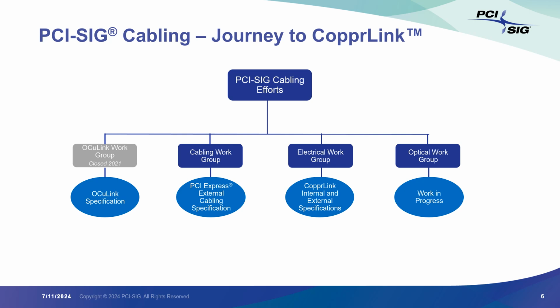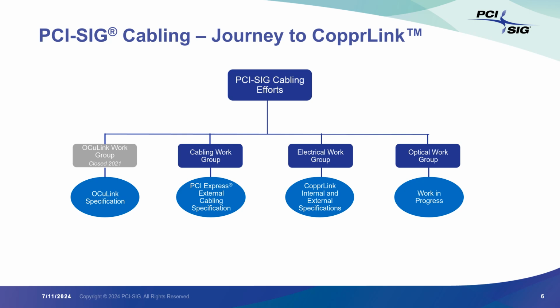The PCI-SIG has recognized this for some time now. There are currently 3 open work groups in PCI-SIG today. We have the cabling work group developing the PCI Express external cabling specification. We have the electrical work group working on the CopprLink solutions that we'll spend a lot of time on today.